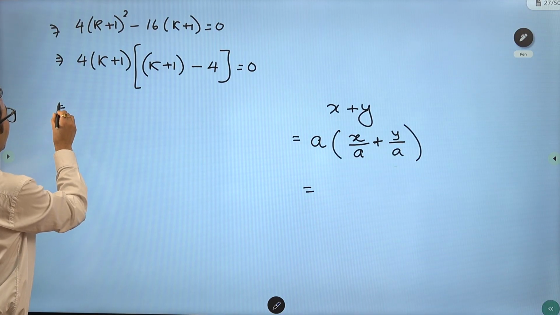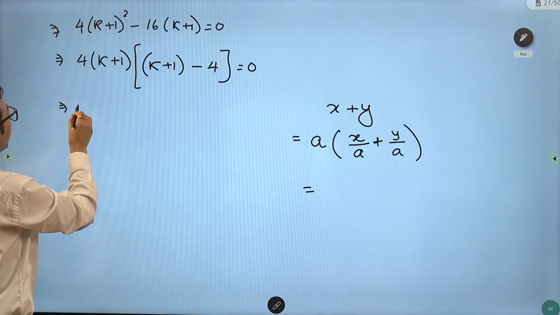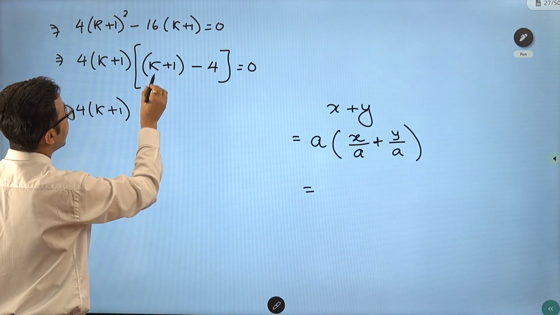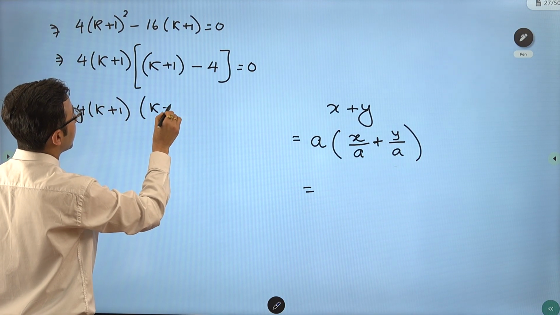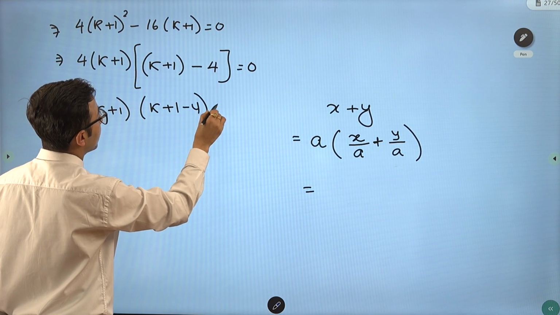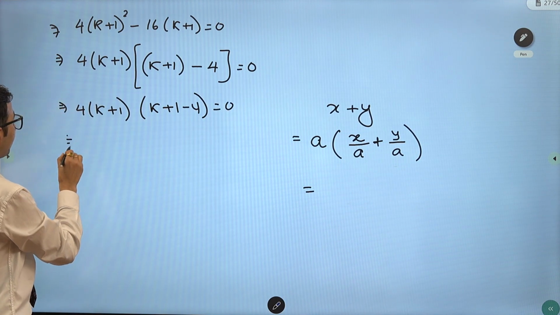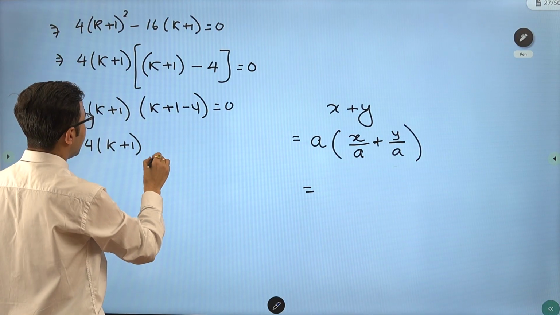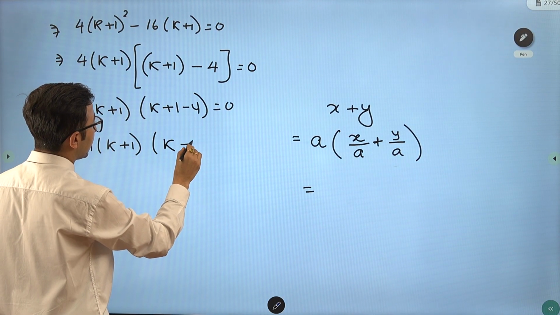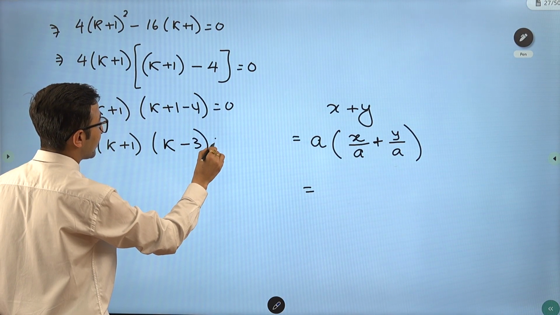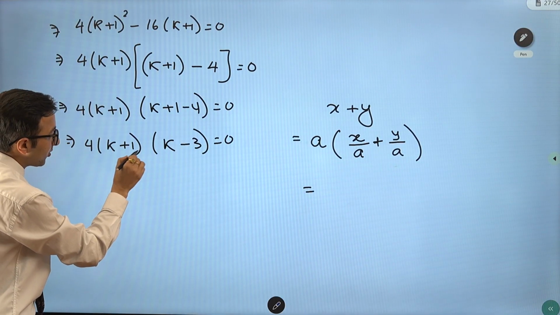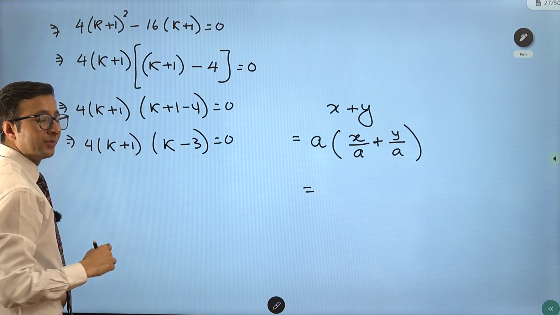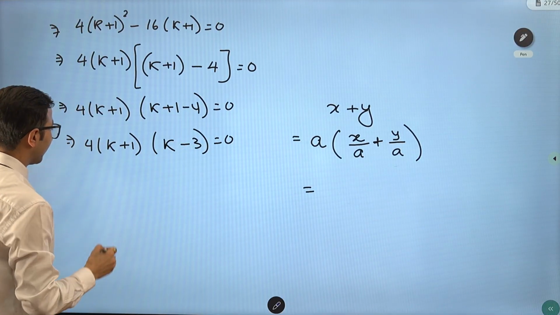So here you can see that 4 multiplied by k plus 1, and here if you simplify it, k plus 1 minus 4 is equals to 0, which implies 4 times k plus 1, here k plus 1 minus 4 is minus 3, is equals to 0. 4 into k plus 1 into k minus 3 is equals to 0 means out of these 3 either one of them should be 0 to get the product 0.